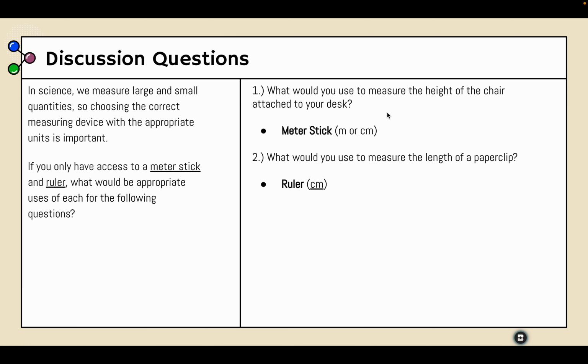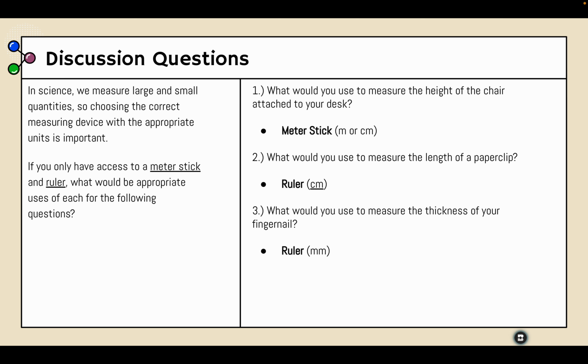Notice how we are not using inches. Inches is not in the metric system. Never, ever, ever in science classes are we going to use inches or any kind of English measurement. So no feet, no yards, no nothing. Okay, it's all metric system. So meters or centimeters. Okay, what would we use to measure the thickness of our fingernail? Definitely a ruler, right?